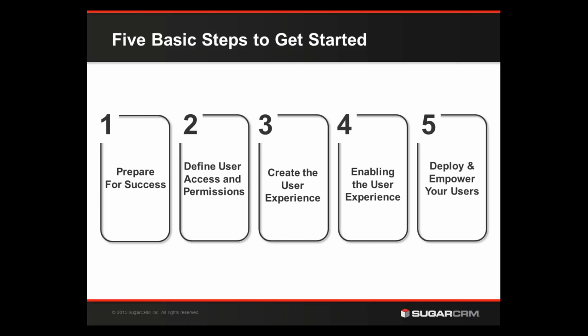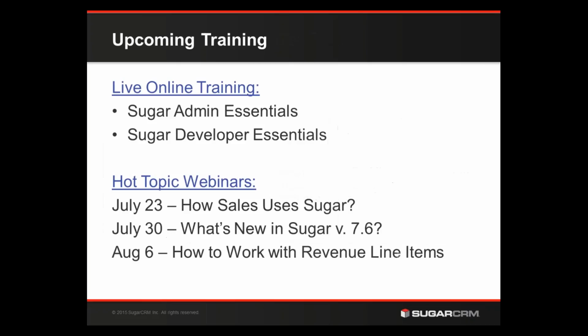And then you need to deploy. When you deploy Sugar, make sure you empower your users correctly with training. You have that communication plan in place, and then you measure your success. Okay, so you loop back to one and make sure that that preparation that you did and objectives and vision was correct.